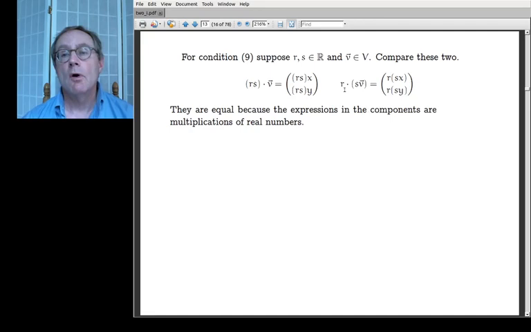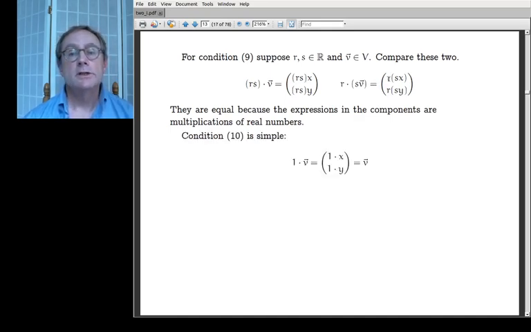The definition of r by sv is r by sx and r by sy. And of course these are all real numbers, so they all come out equal. That's all correct. And then the last one, condition 10. You just have to check that multiplying 1 times a vector, if you work your way through the definition, does it change the vector? And of course it doesn't change the vector.